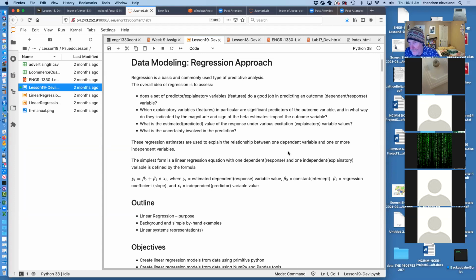Second relevant question, which features or explanatory variables in particular are significant predictors of the outcome variable, and in what way do they, indicated by magnitude and sign of the beta estimates, impact the outcome variable?